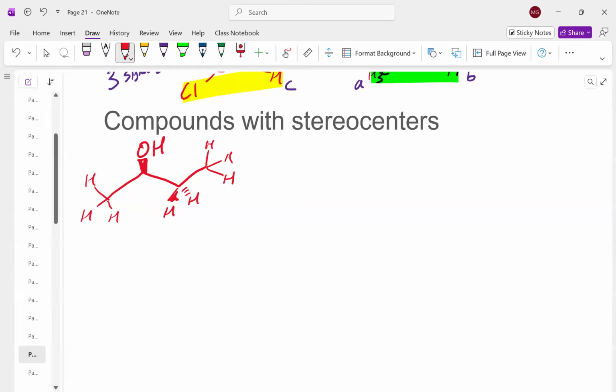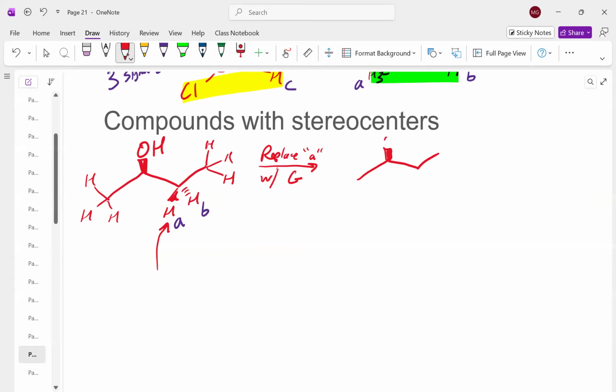Because when you have a chiral center and you have CH2s, you have to do a little mental exercise or write it out. It might be helpful to write it out in the beginning. What you need to do is imagine replacing, and I'm going to label these for the sake of argument, I'm going to call this one A and this one B. What you need to imagine is replacing A with a random group. I'm just going to call it G.